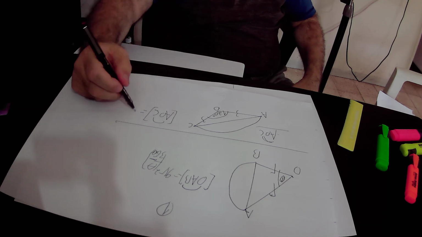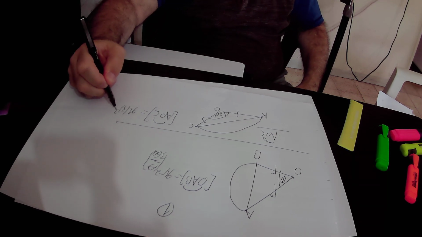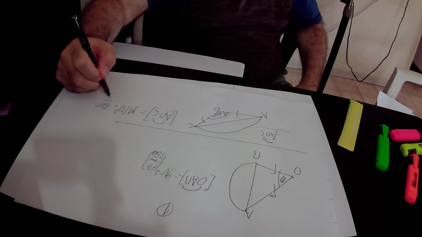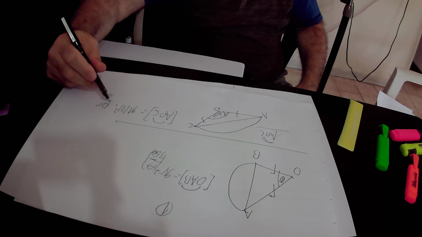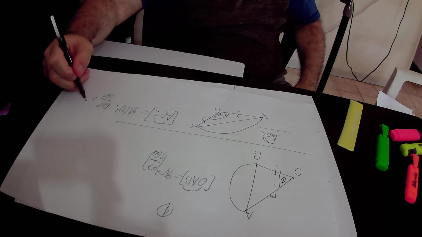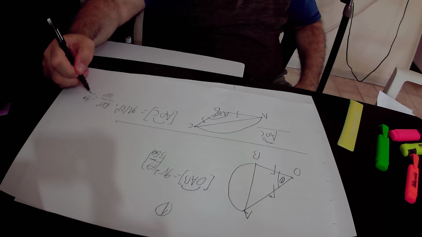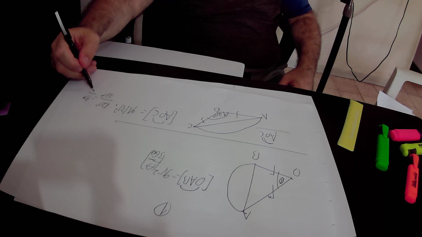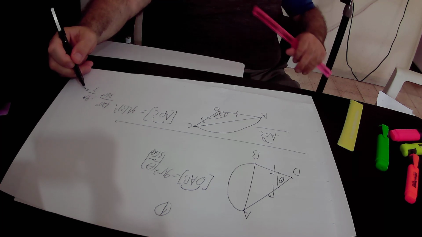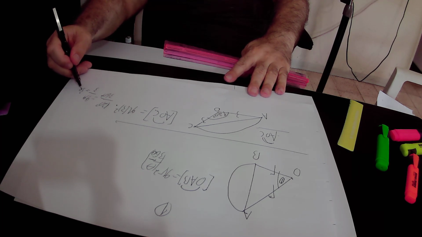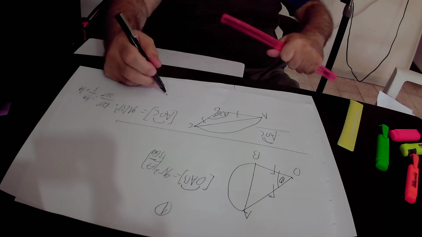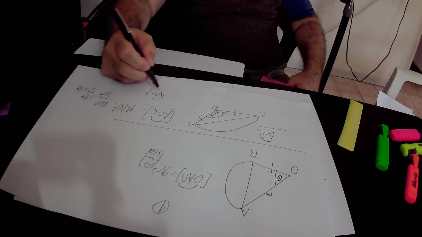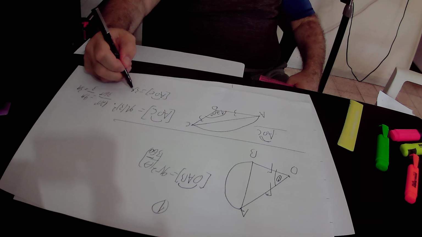R is 3, so pi r squared is pi times 3 squared, times theta, 120 degrees over 360 degrees. 3 squared is 9, so this expression equals 9 pi. 120 over 360 is 1/3, so we get 9 pi over 3. 9 over 3 is 3, so in total this equals 3 pi. So we found out that the area of this sector AOC equals 3 pi square units.